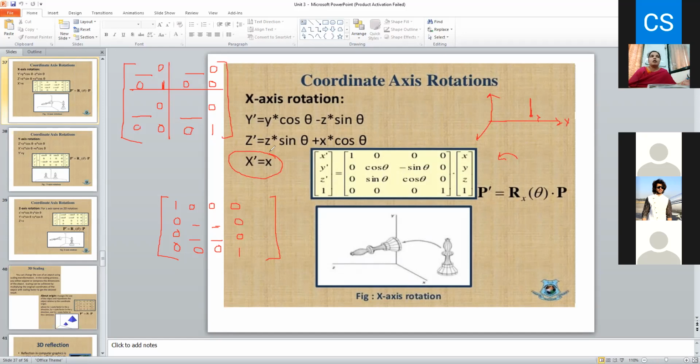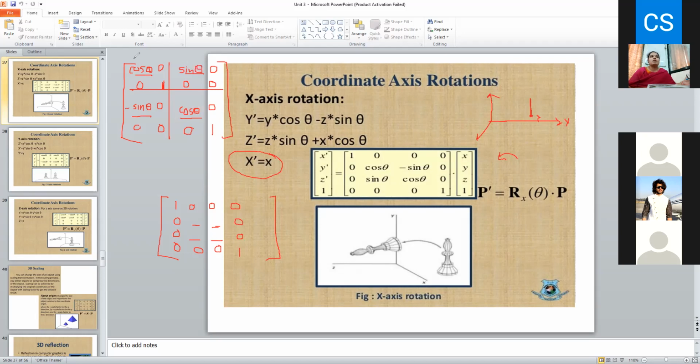But here we have already discussed that rotation about y is considered as negative. And that's why negative means these two will get interchanged. And that's why I will have cos theta here. Here I will have minus sin theta. Here I will have cos theta. And here I will have sin theta. Okay.